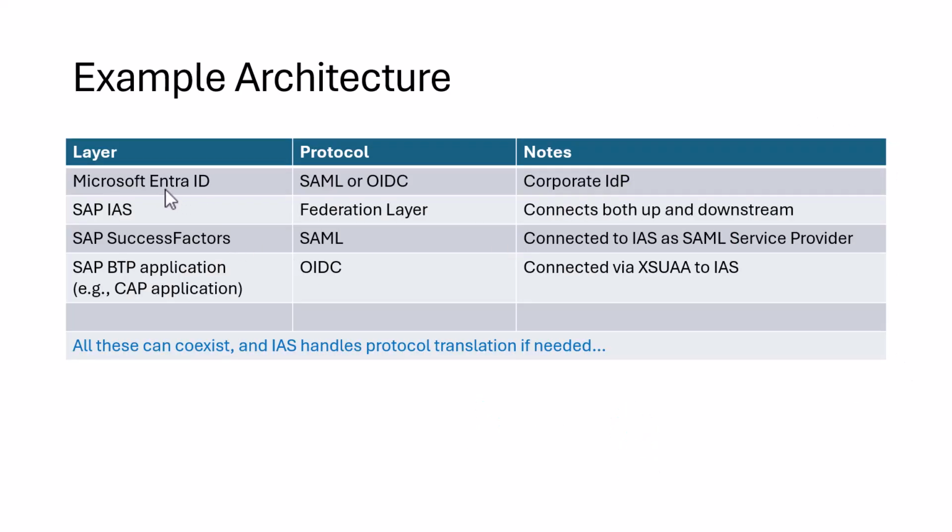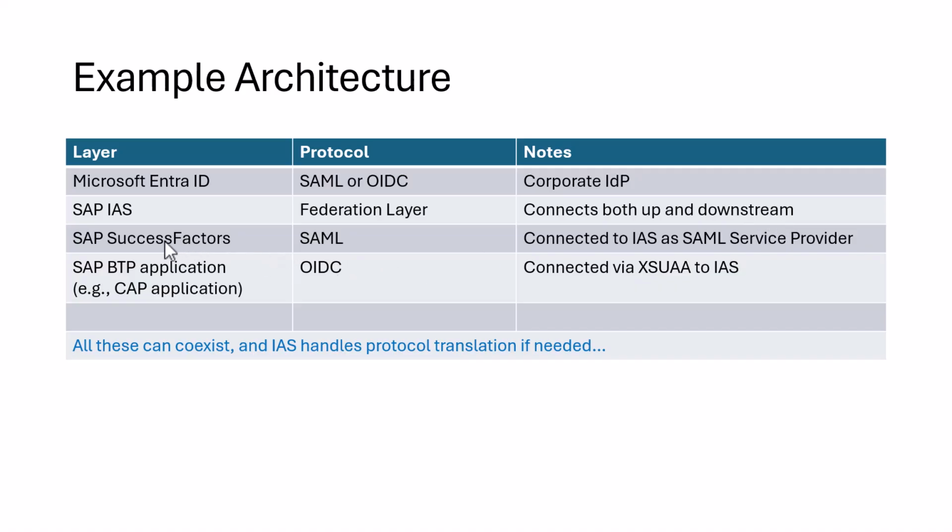So here is the same thing in a tabular format. Let's say your corporate identity provider can support either SAML or OpenID Connect. It doesn't matter. It's nice if it supports OpenID Connect, but if it supports SAML, that is fine as well. So let's say your corporate identity provider supports SAML. Your SAP IAS connects both upstream and downstream. Upstream meaning the connection to the corporate IDP, and downstream to the application.